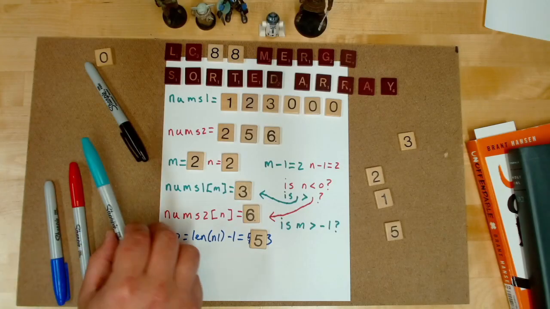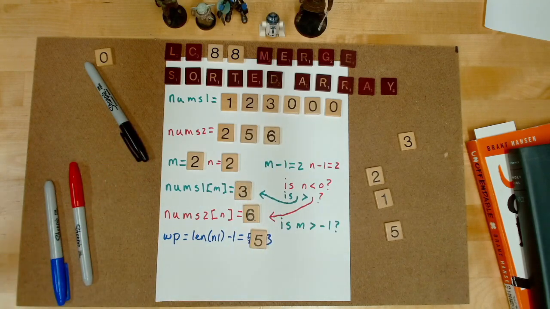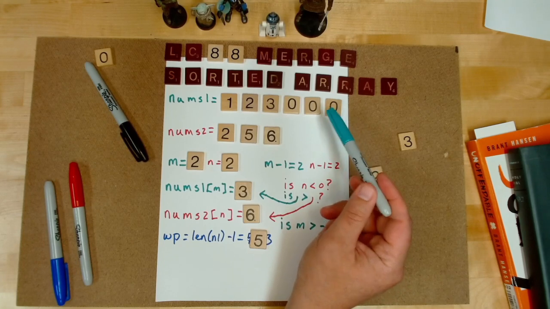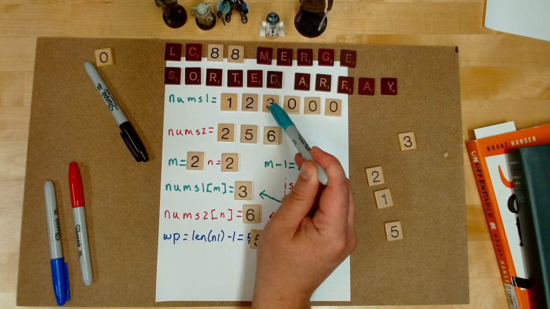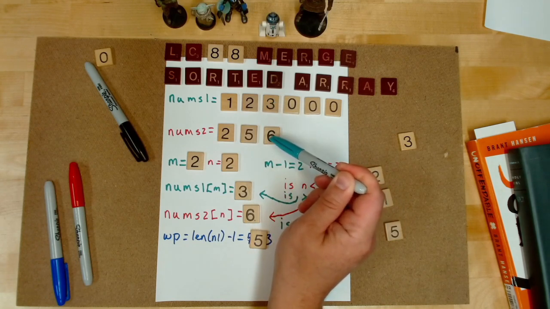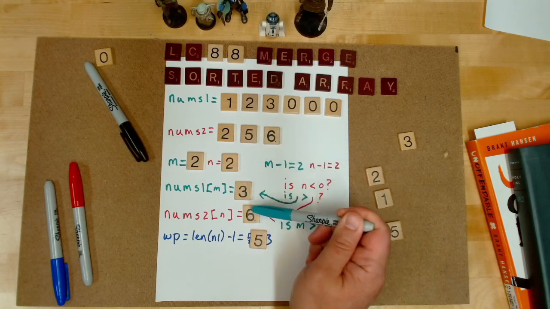Okay, I've eaten some bacon, so I think now my brain is working such that we can walk through this algorithm. So like I said, we're going to start our iteration as follows. We have a pointer in nums1 that points to the final integer value to be sorted. We have a pointer for nums2 that likewise points to the final integer value to be sorted. We're keeping track of those values right here just for the walkthrough.